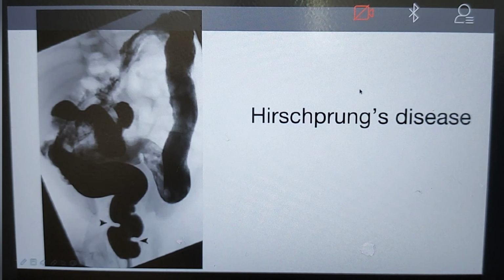It will present with failure to pass meconium within 24 to 48 hours of life. The definitive diagnosis must be done through a full thickness rectal biopsy. We must take a biopsy to diagnose Hirschsprung.